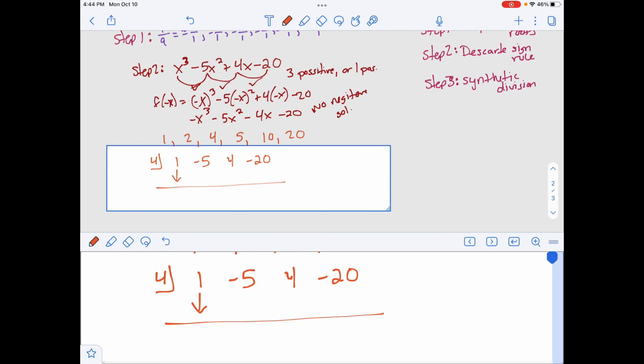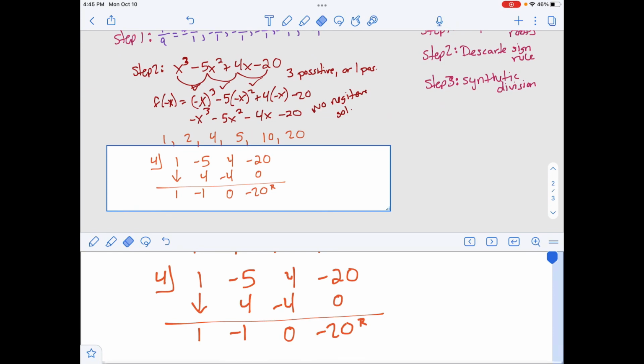Bring it down. Multiply, multiply. Oh, well, that didn't work, did it? It's a positive that we plugged in, and it's every other sign, so it's not an upper or lower bound, and it's not a 0 because it has a remainder. So that was a no-go. All right, let's try another one.